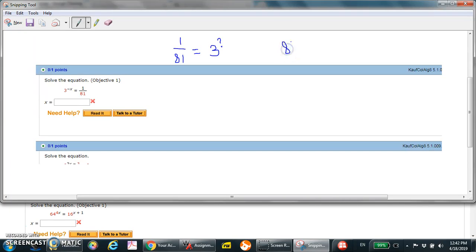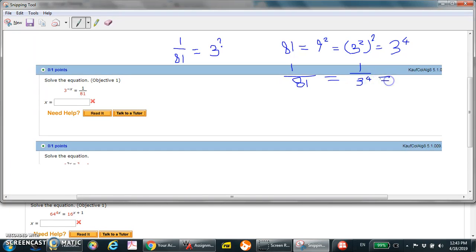Since we know 81 is equal to 9 squared, and because 9 is 3 squared, so 81 is 3 squared to the square, which is 3 to the 4th. Therefore, 1 over 81 is going to be 1 over 3 to the 4th.